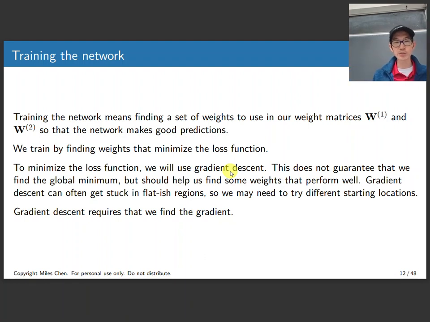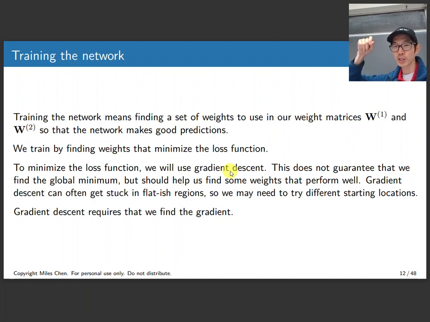So what we're going to do instead is apply gradient descent. We will calculate the gradient. We can find the gradient of that thing. But in order to figure out where the gradient is close to 0, where we reach a local minimum for the loss function, we will apply gradient descent.